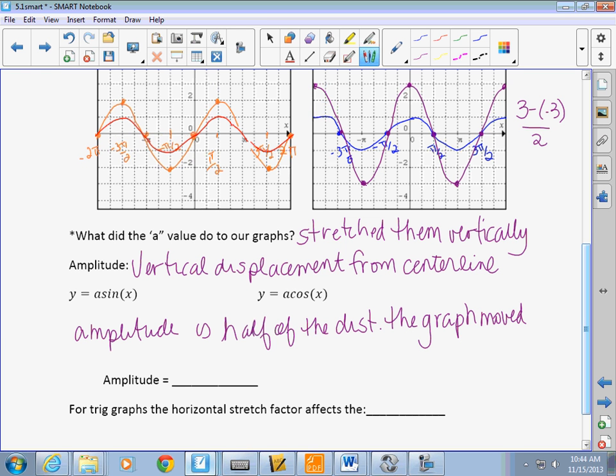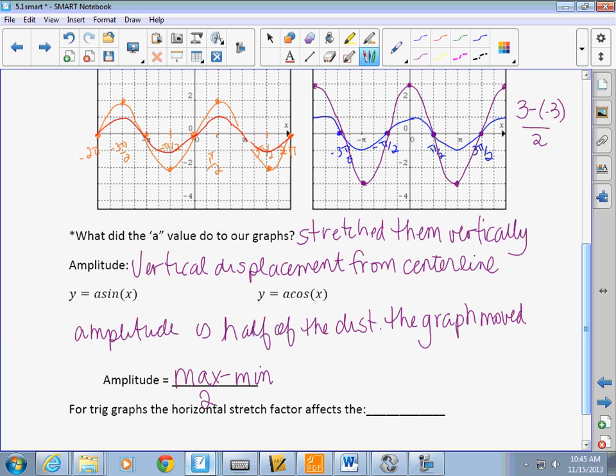We went from our maximum point of 3 to our minimum point of negative 3, and then we divide by 2. No, not 1.5, because I moved a distance of 3, not 1.5.